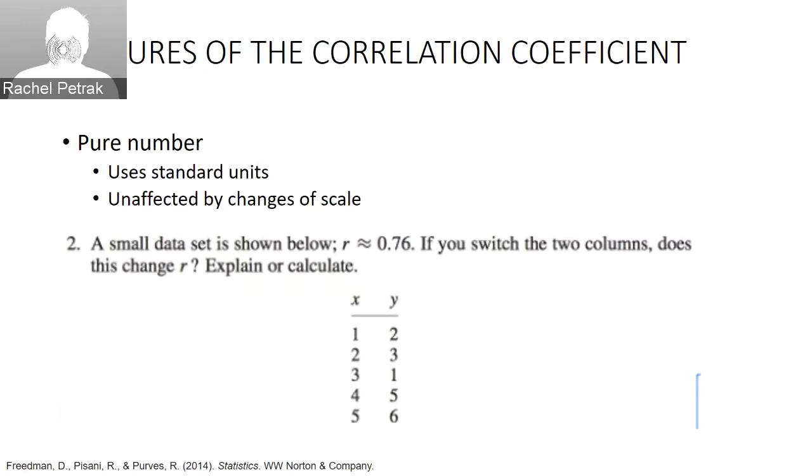When we look at some features of the correlation coefficient, it's important to remember that it's a pure number. The correlation uses standard units and it's unaffected by changes of scale. And standard units should sound familiar to you because we were introduced to standard units in our first discussion of the probability distribution and the z-scale.